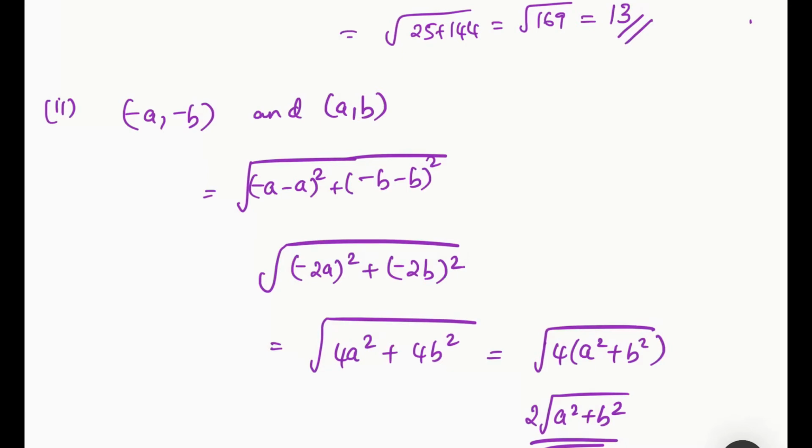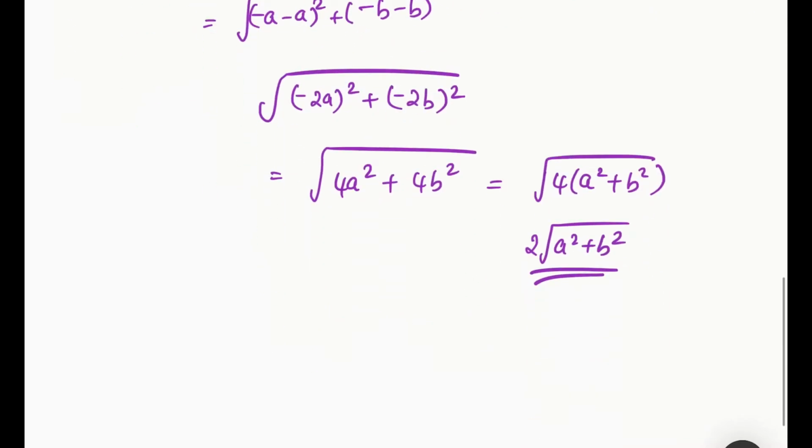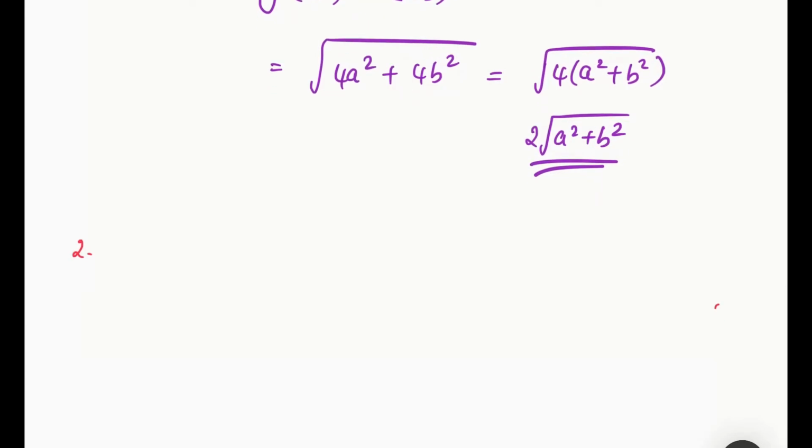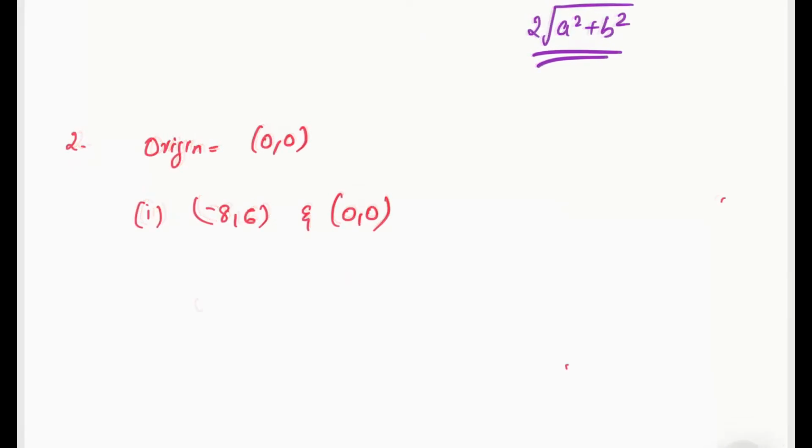Correct. Now let me do the second main. In the second main we have, find the distance between the origin and the point. What will be the origin? Origin will be always (0, 0). So what's the first question? We have (-8, 6). What will be the other point? (0, 0), right.